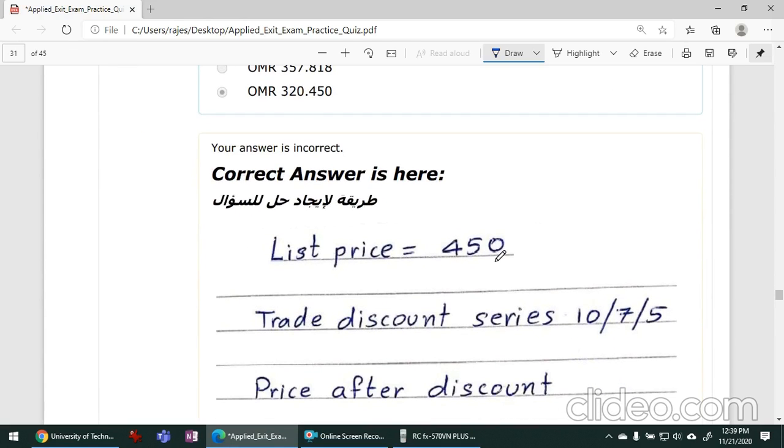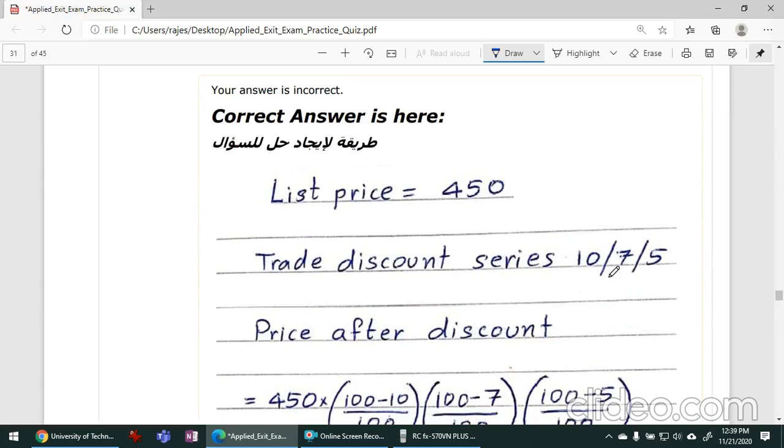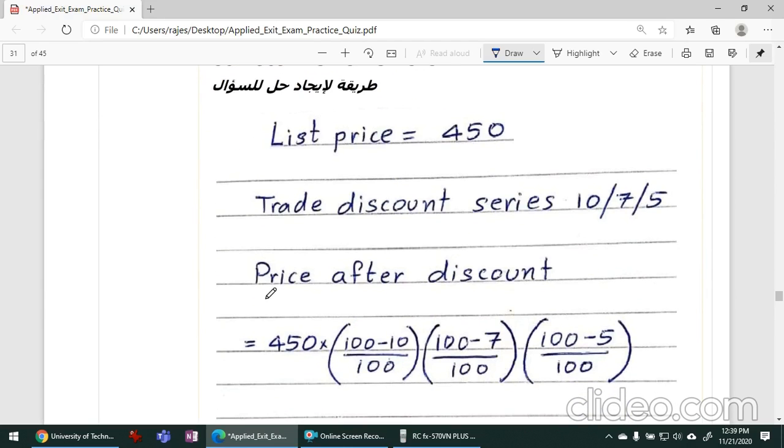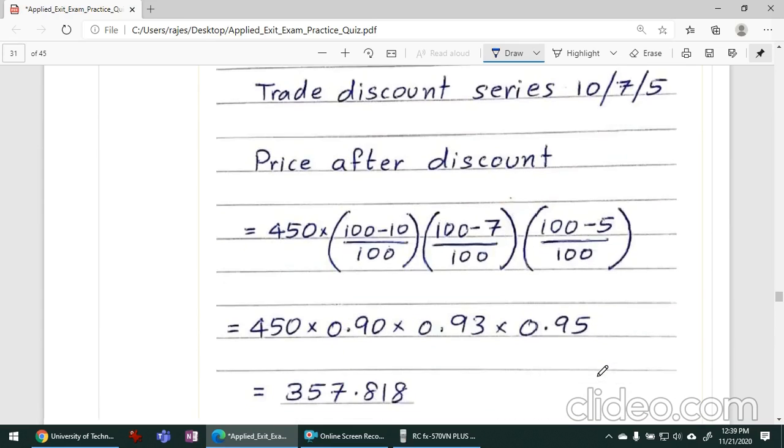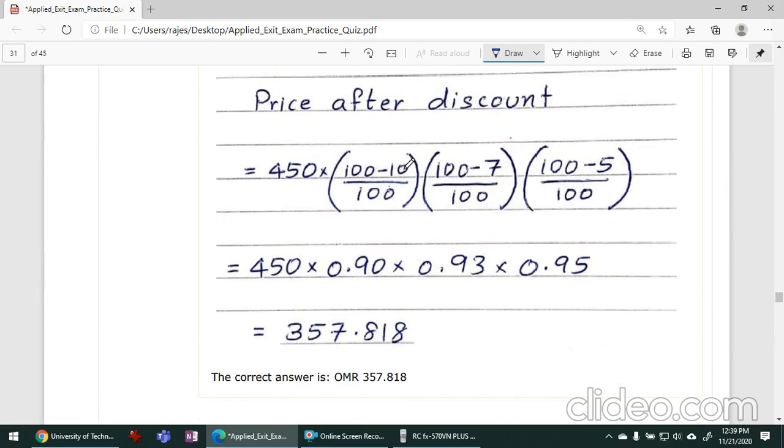List price is 450. Trade discount series is 10, 7, 5. You write 450, then 100 minus 10 by 100, 100 minus 7 by 100, 100 minus 5 by 100. 100 minus 10 by 100 is 0.90. This is 0.93, 0.95. Just multiply, you have this number. So the correct answer is 357.818.